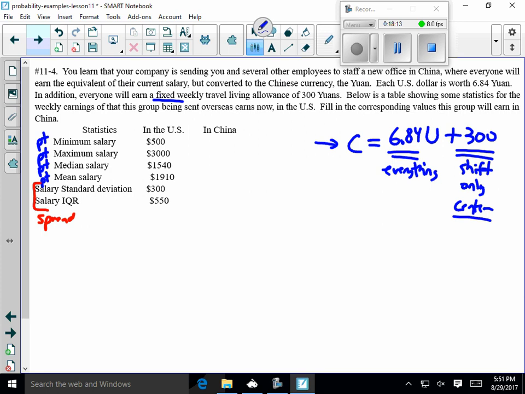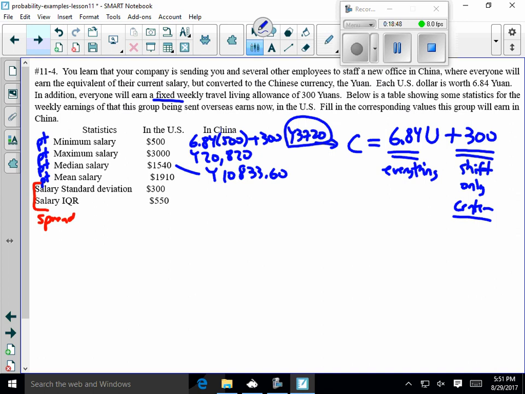So I could, for example, say that the corresponding one here would be 6.84 times 500 plus 300. And that would give me 3,720 yuan there for this one. If I did the same thing, 6.84 times 3,000 plus the fixed allowance of 300, that would give me 20,820 yuan. And this one here would be 10,833.6 yuan.